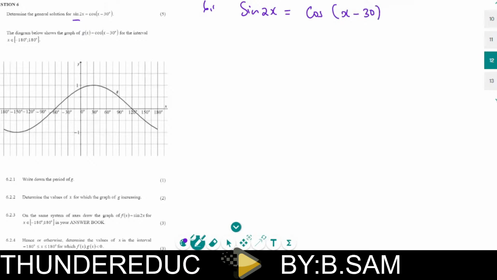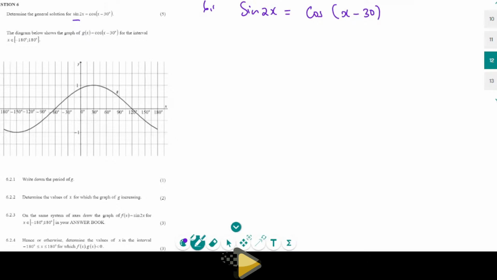Now the trig ratios are a bit different. It's upon me to choose which option might be quicker for me. So I feel like if I introduce a complementary angle somewhere here, I might end up with a sine, so that I have just a single trig ratio.